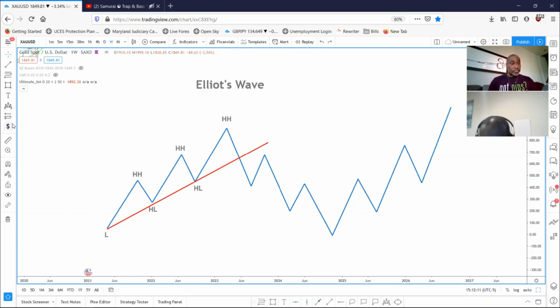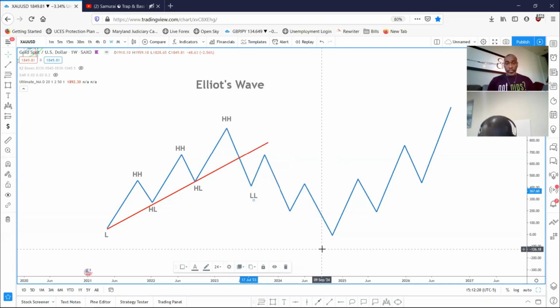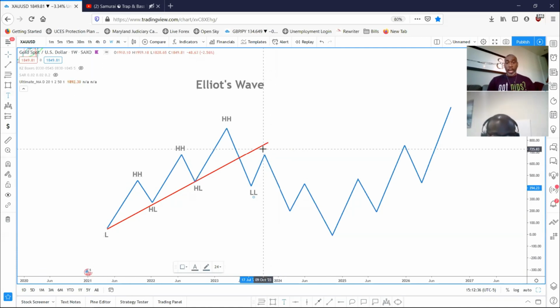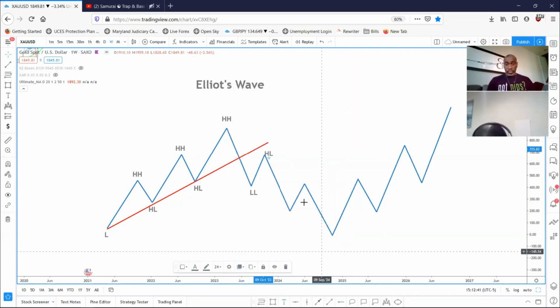So now this becomes your lower low, okay? Why? Because the market created a place where this low is lower than your previous low, all right? Here, you now have a higher low, all right?